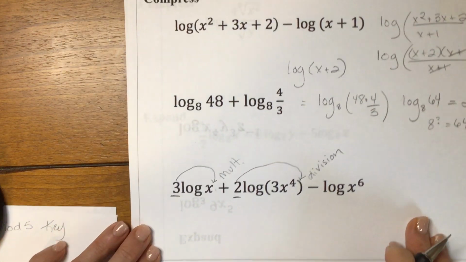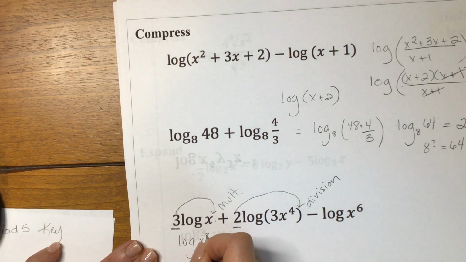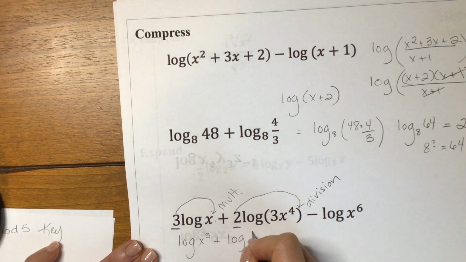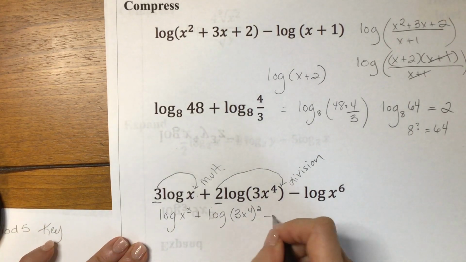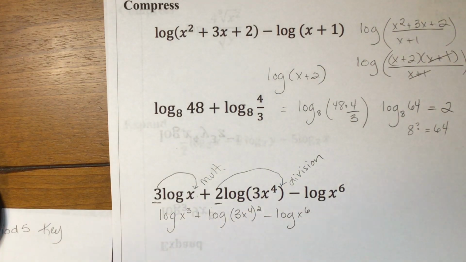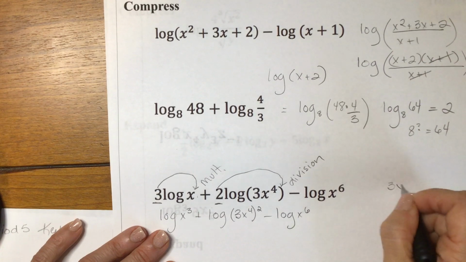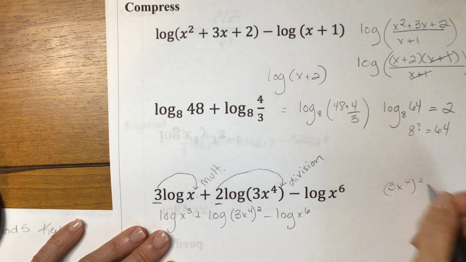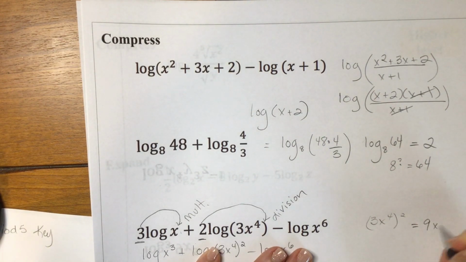So my first step might be to write it like this: log of x cubed plus log of (3x to the 4th, and all of that is squared), minus log of x to the 6th. 3x to the 4th squared is really going to be 9x to the 8th.